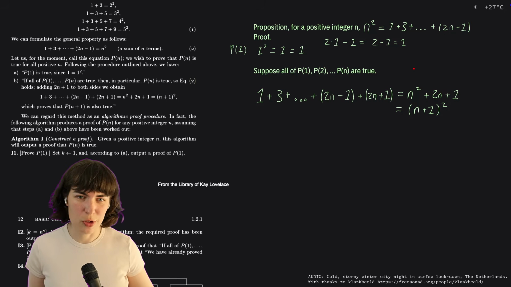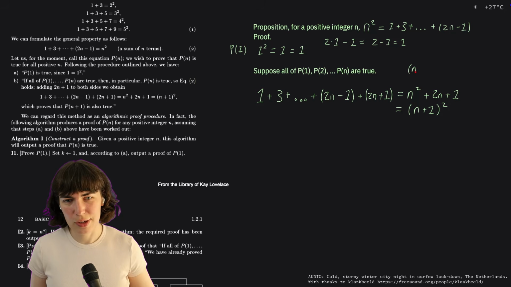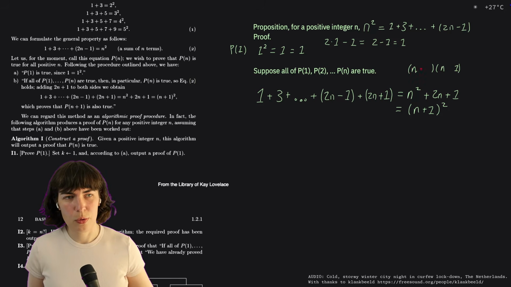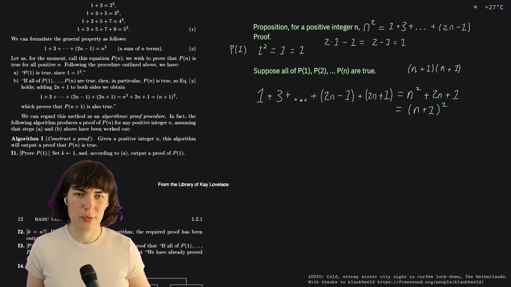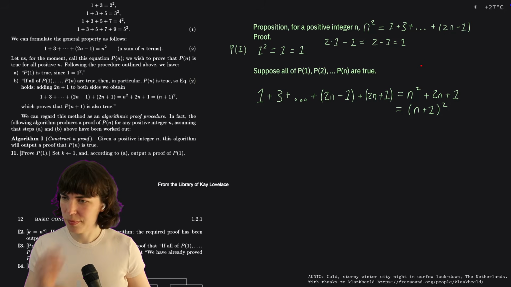If we try and do this ourselves, we're going to have n, we're going to have 1 here and 1 here, and they're going to have to be plus, and then of course this reduces to this. Okay, fine.